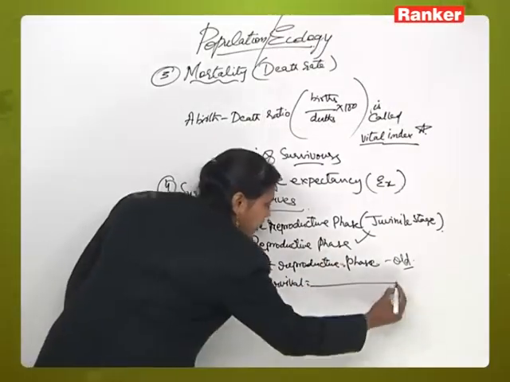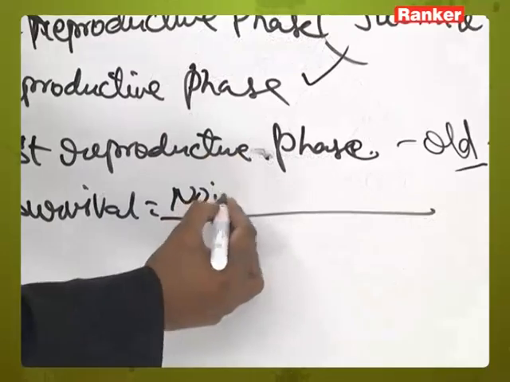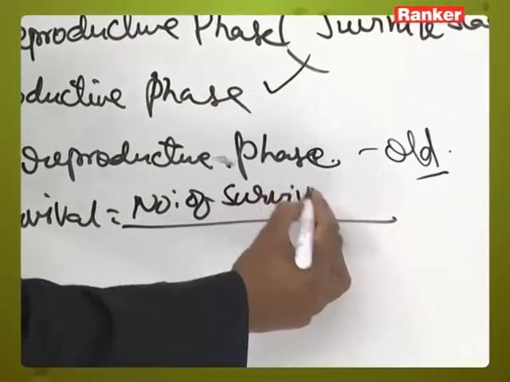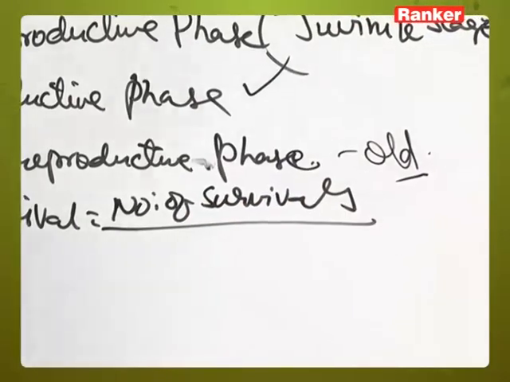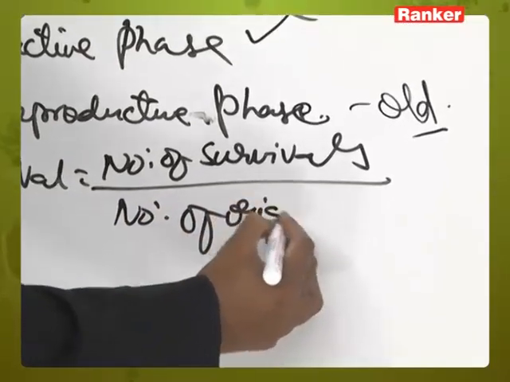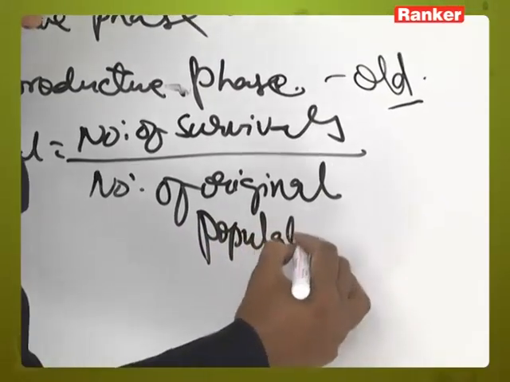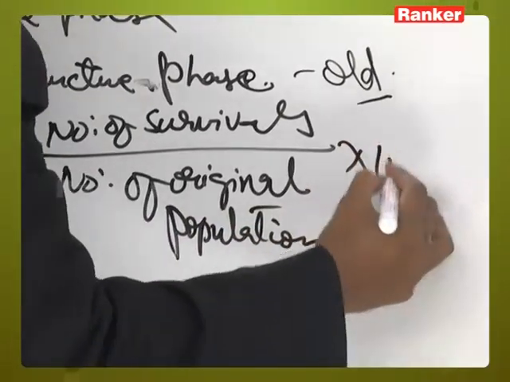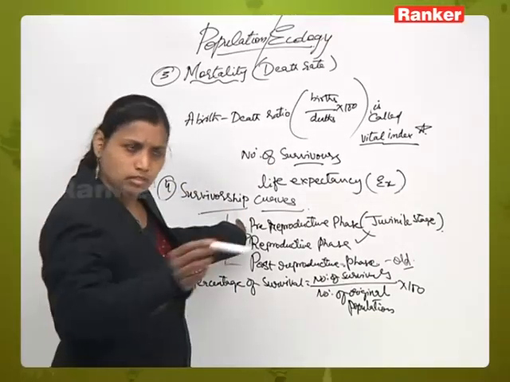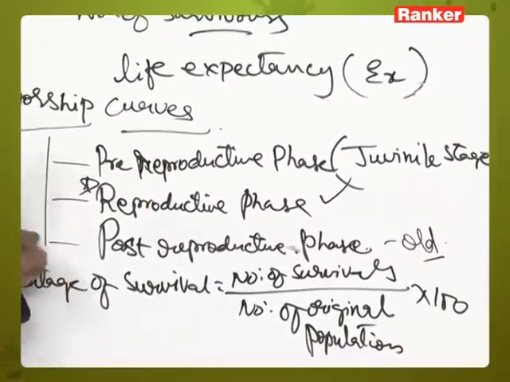Now what is the percentage of survival here? The number of survivors, meaning how many individuals are living, divided by the number of the original population, into 100. So there can be an increase in the death rate in some populations, here or here.